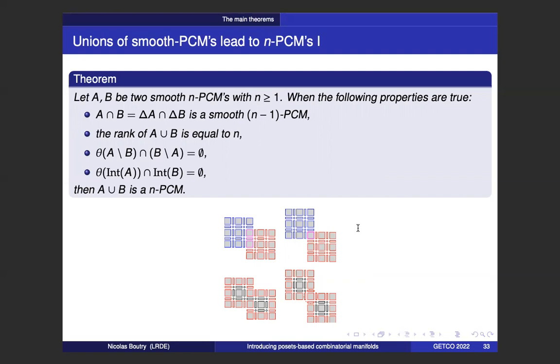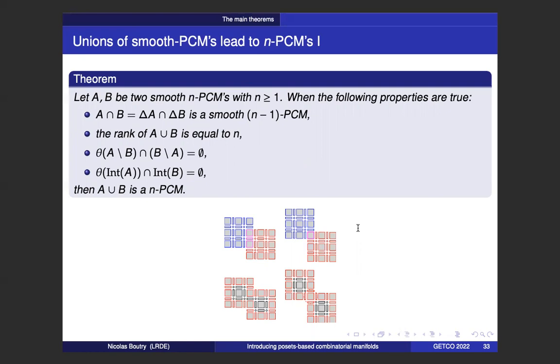I didn't succeed for the moment in proving that the union of two n-PCMs can be, when they are smooth, a smooth PCM. However, I proved that two smooth PCMs lead to a PCM. I really tried. After 3 or 4 pages of computations, I was thinking I will see later. So it is an open question.